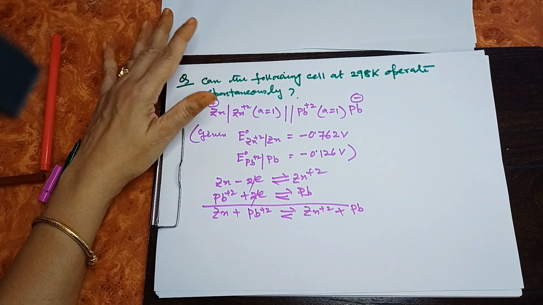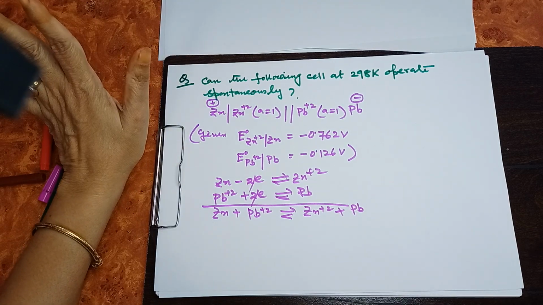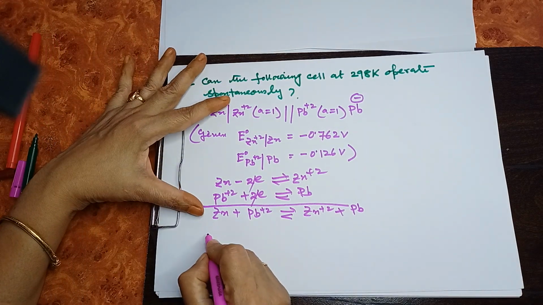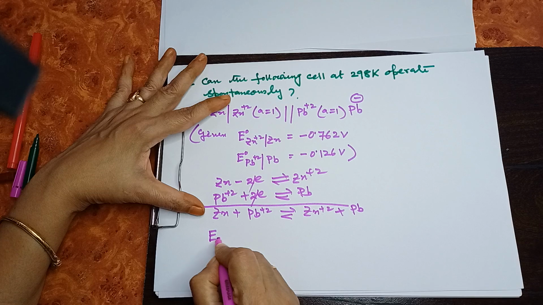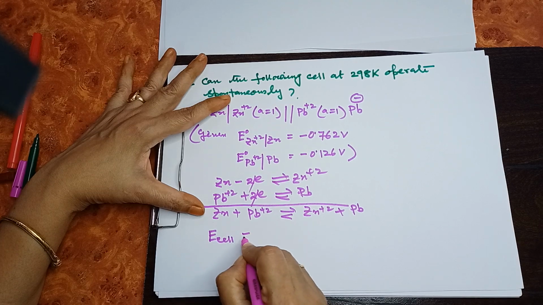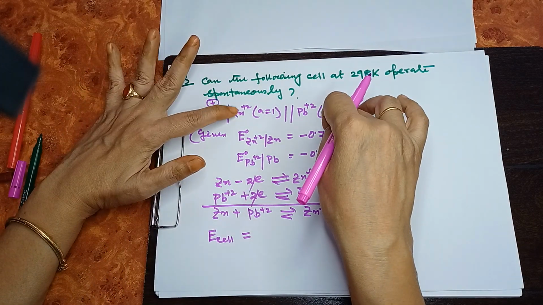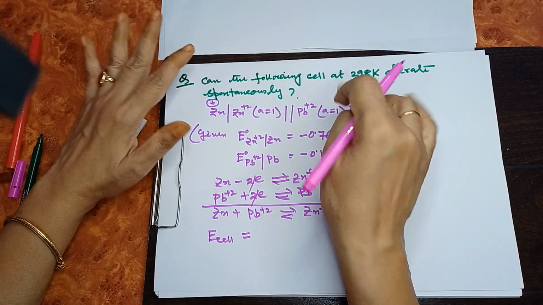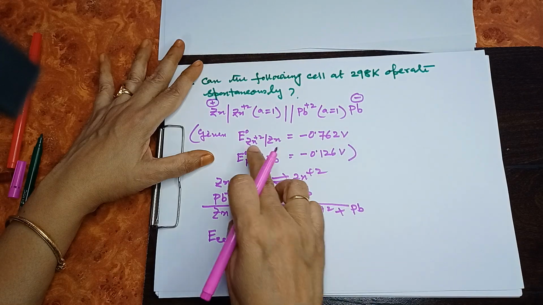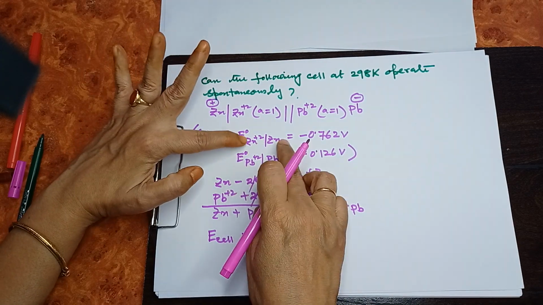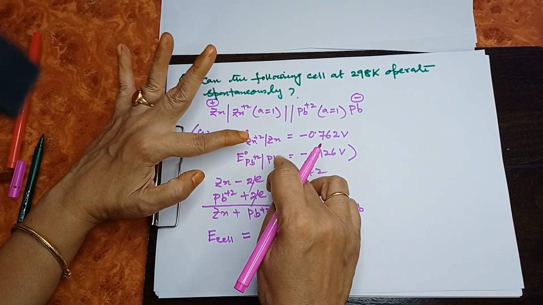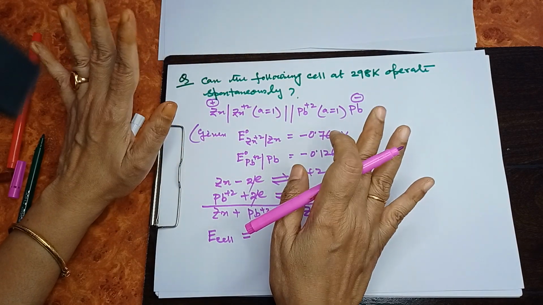This is the overall cell reaction. Right? Now, this EMF of the cell or E cell is the potential difference between these two electrodes in the galvanic cell. And here the reduction potential value is given for zinc plus 2 reduction to zinc and lead plus 2 reduced to lead.